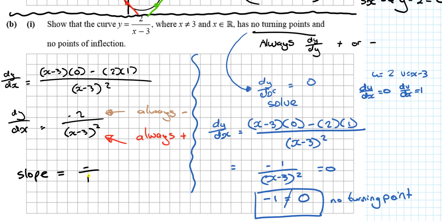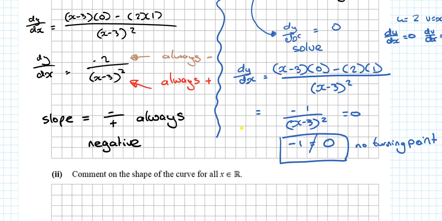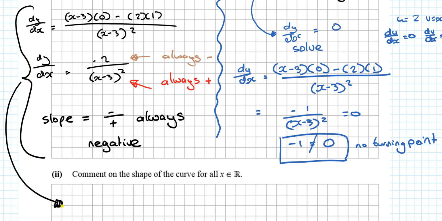So minus over positive, always negative. So the slope is always negative, and it's actually curious that this whole bit is good enough for both. So always negative, therefore no turning points.